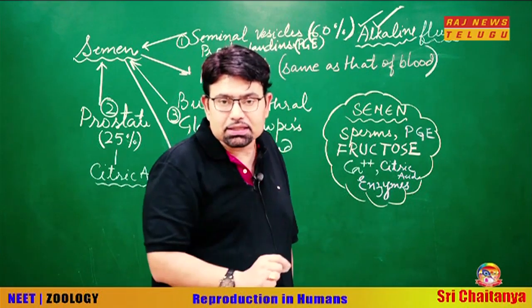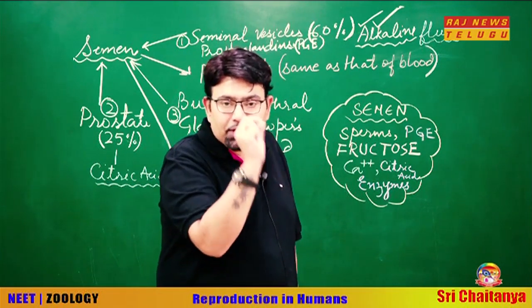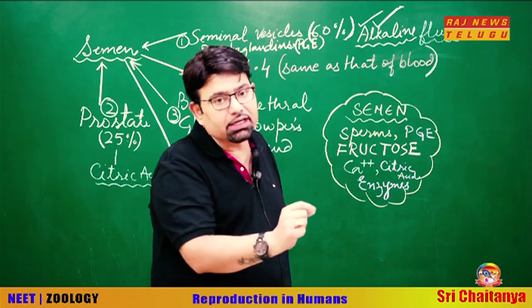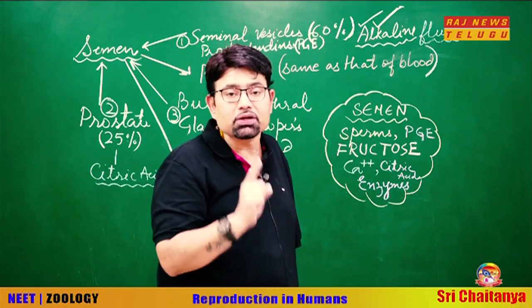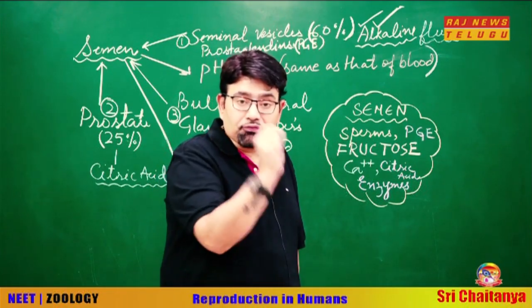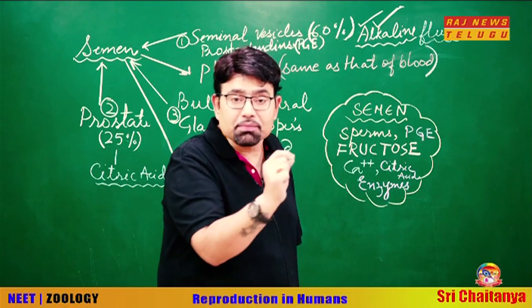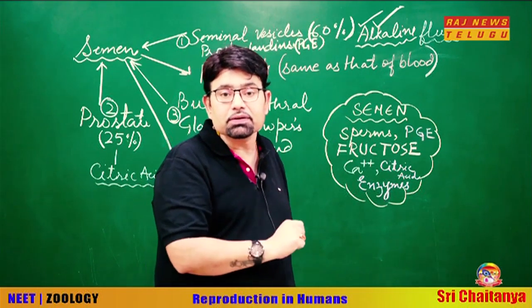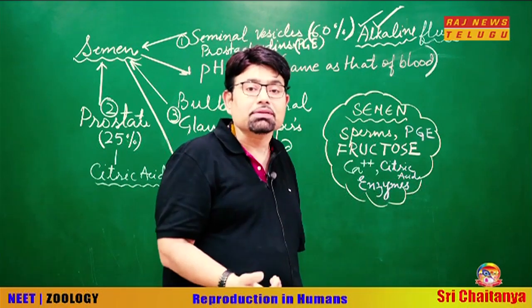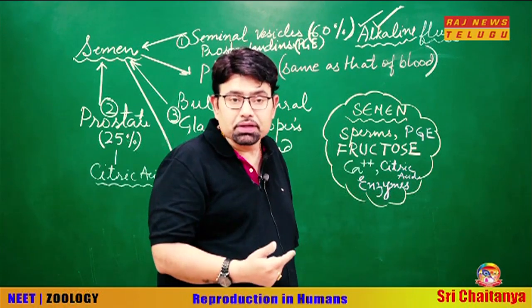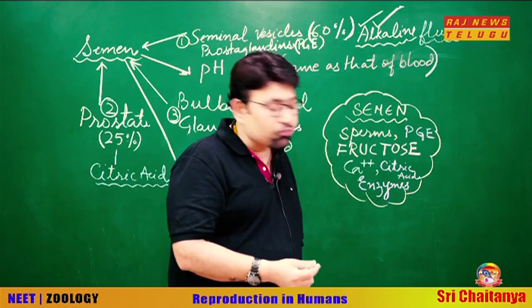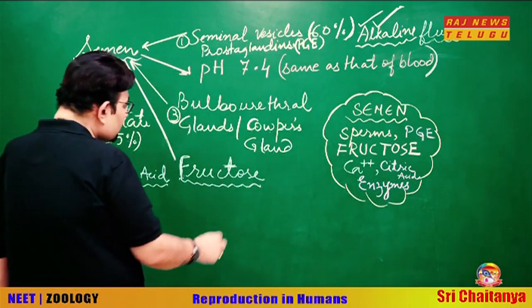In forensics, the presence of fructose in the vagina of a female confirms sexual intercourse, confirms the presence of semen inside the vagina. Many times it is used as evidence in rape victims. So, very important about fructose.